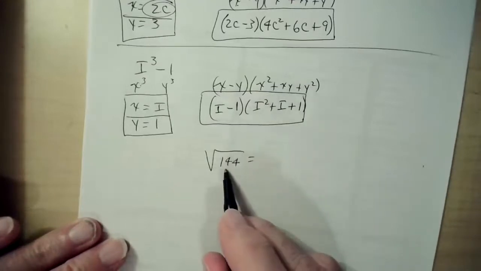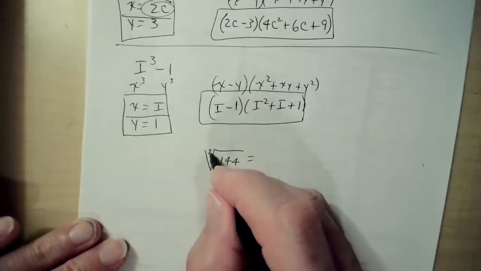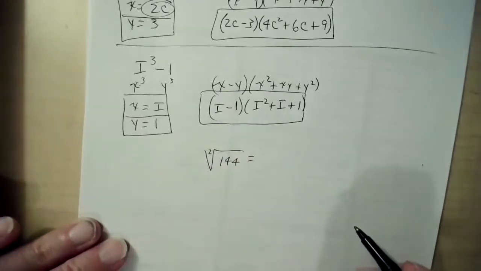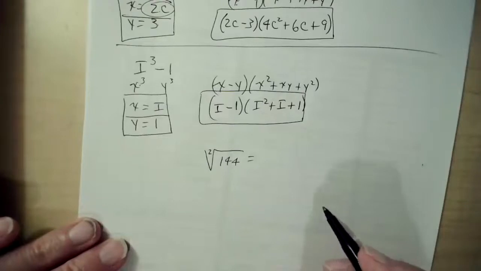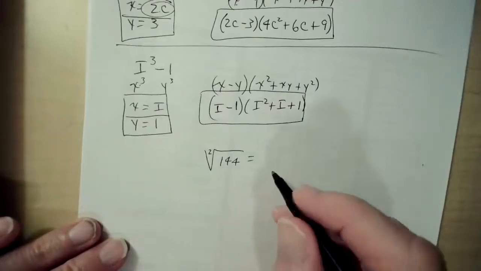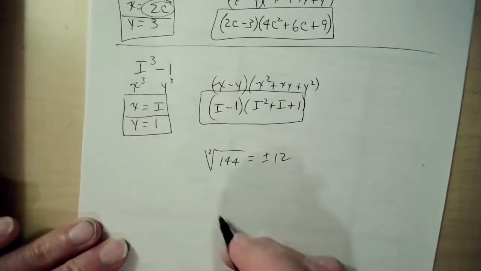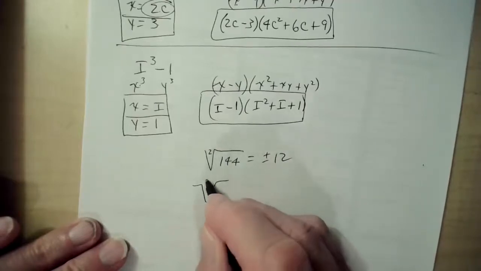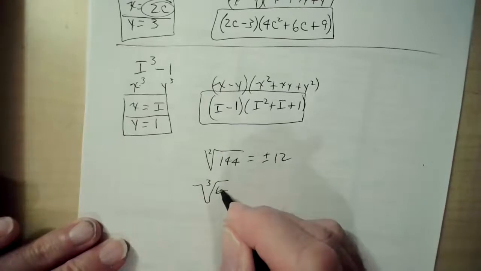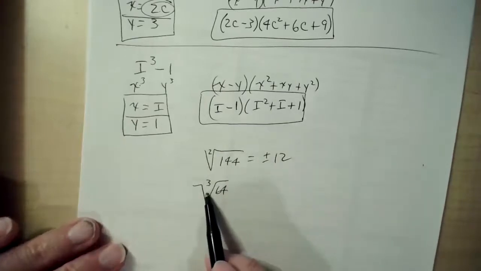Okay, everybody okay? Remember, let me review just a couple of things. Square root of 144. Remember, the index here is 2. We just don't write it. What number times itself is 144?